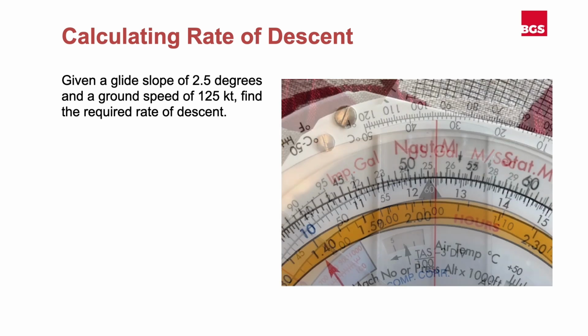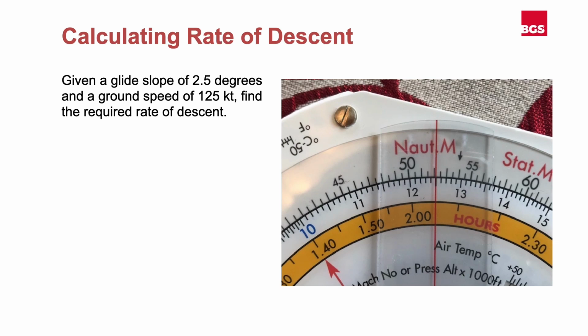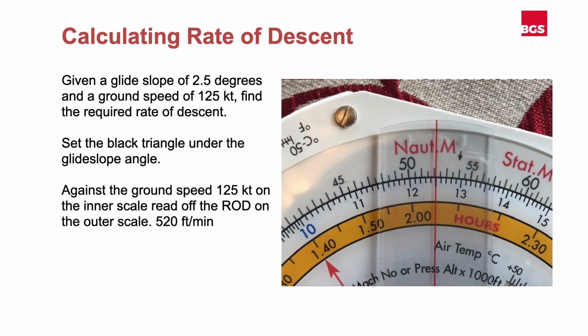So on your CRP5, set the black triangle under the glide slope angle, and the black triangle is 6, notice, points, so that's the 0.6. And then against the ground speed of 125 knots on the inner scale, read off the rate of descent on the outer scale, 520 feet per minute.